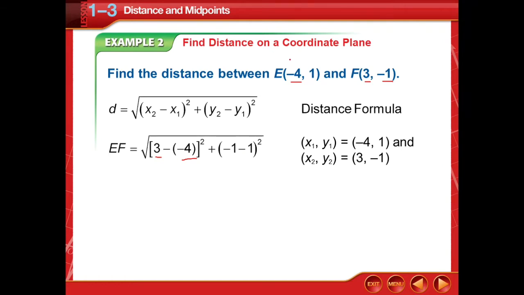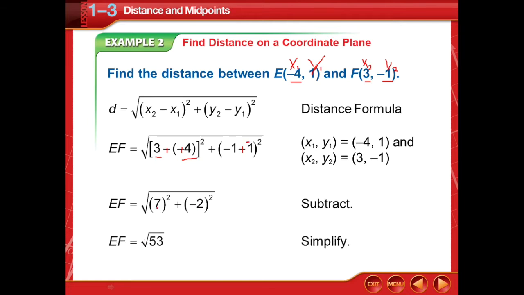If you need to, feel free to write above each point x1, y1, and I apologize for my penmanship here, x2, y2, if that will help you keep track. 3 plus 4 becomes 7 squared, and -1 minus 1 becomes -2 because this becomes plus a negative, and you get -2 squared.